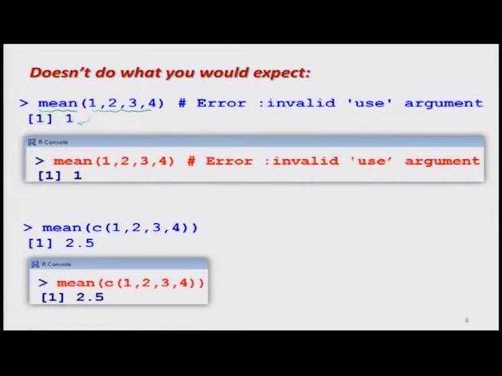But the mean of 1, 2, 3, 4 is not 1, because this is 1 plus 2 plus 3 plus 4 divided by 4. So, the reason is that when you are not using here the C command, the combine function, then it only considers the first element, and it is trying to find out the mean of only the first element, that is 1 upon 1, which is equal to here 1, right.